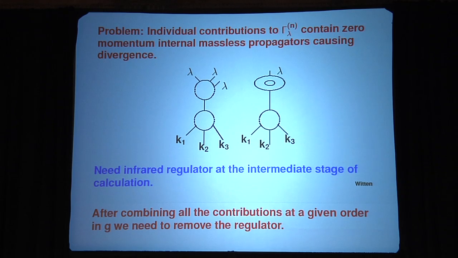Now the problem of implementing this directly is that individual contributions to this amplitude contain zero momentum internal massless propagators, and that causes infrared divergence. So here is an example. Let us imagine that we are interested in the 3-point amplitude in the shifted vacuum.